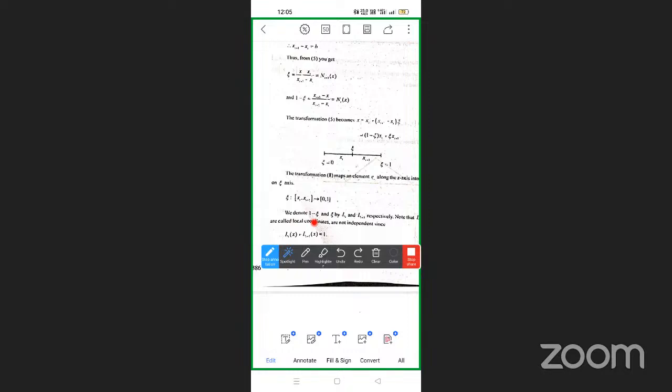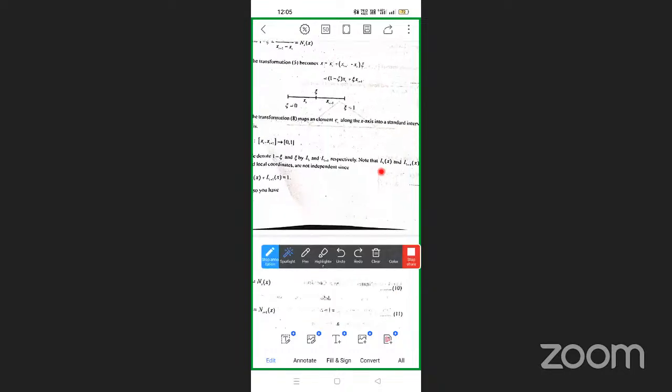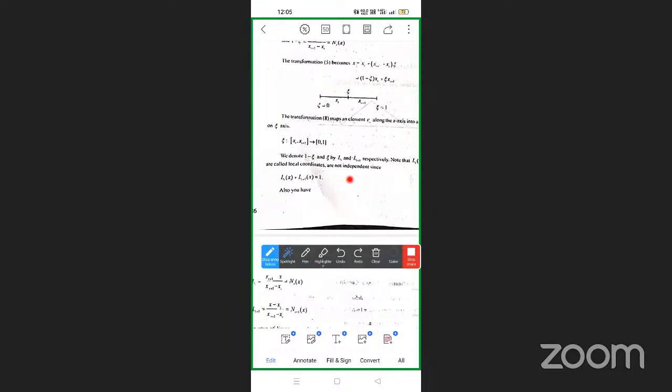We denote 1 minus xi and xi by L_i and L_{i+1} respectively. Note that L_i of x and L_{i+1} of x, which are called local coordinates, are not independent. So these are dependent variables.